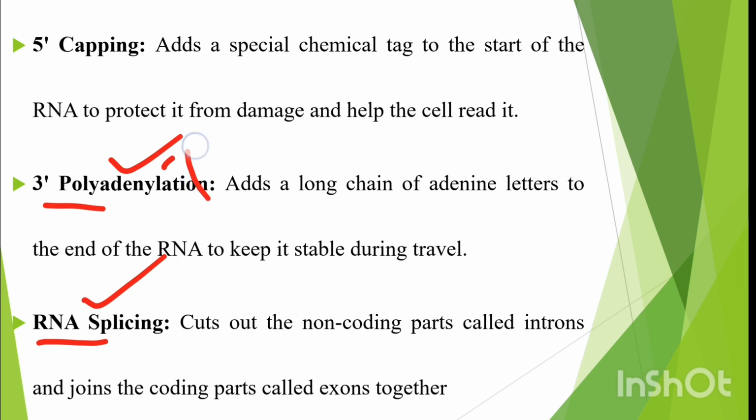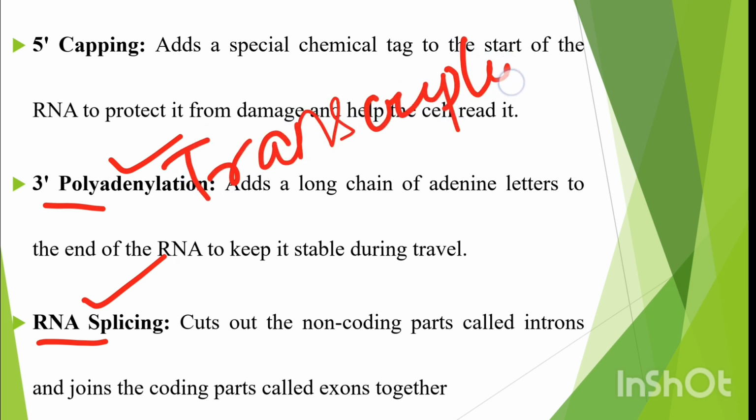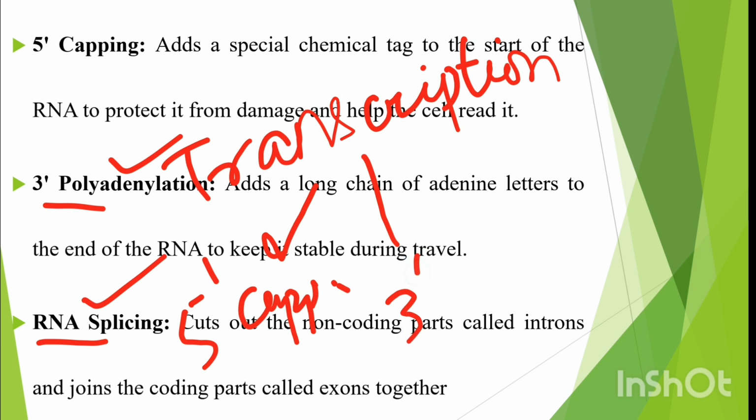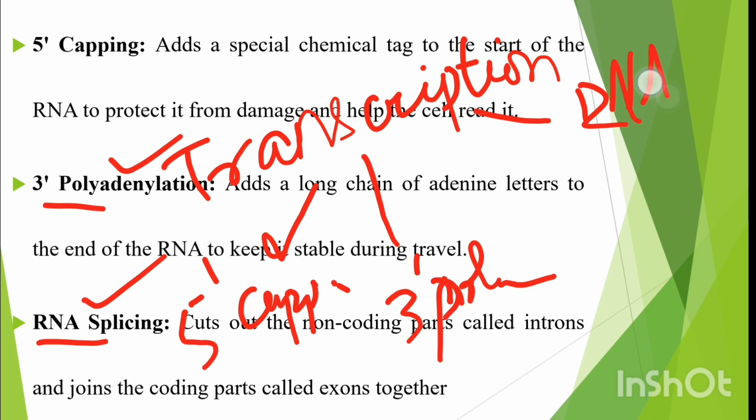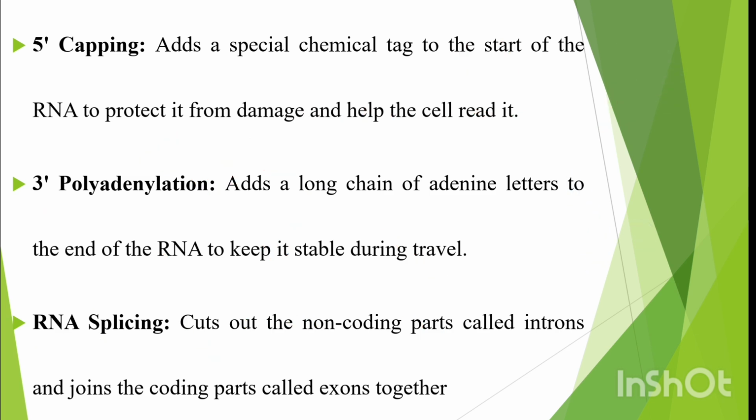So after the transcription in eukaryotes, the pre-mRNA or immature RNA or hnRNA will undergo 5' capping, 3' polyadenylation and RNA splicing.